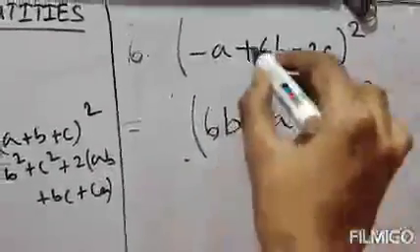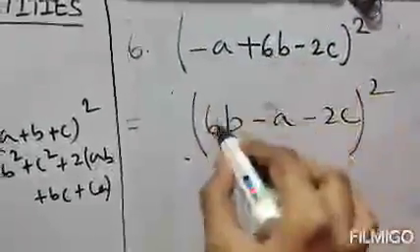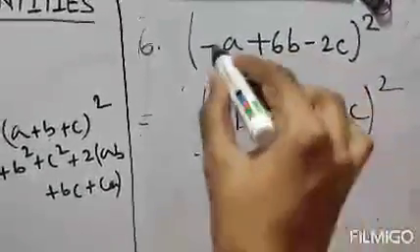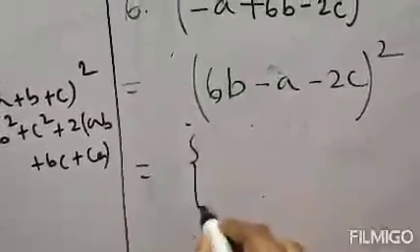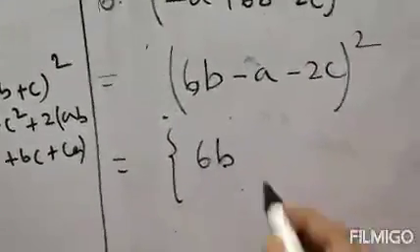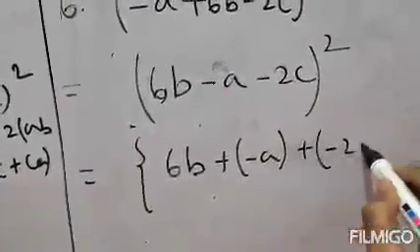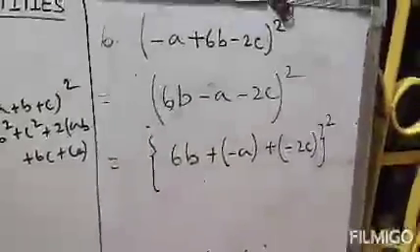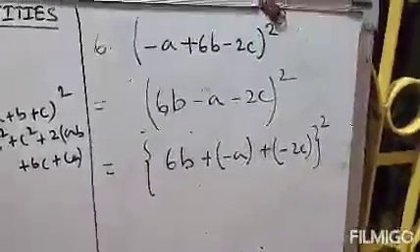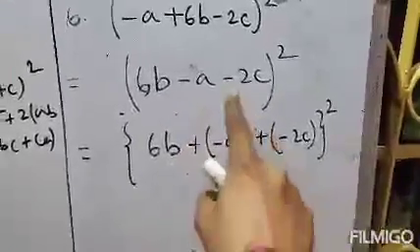Take 6b first because it is a plus sign, so 6b minus a minus 2c whole square. Then write 6b plus minus a plus minus 2c. That means plus and minus gets minus.